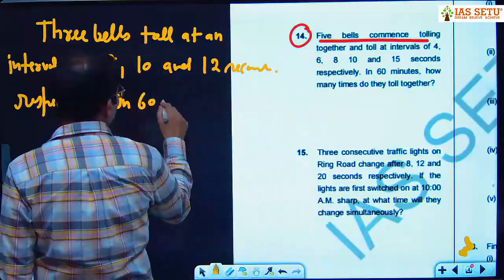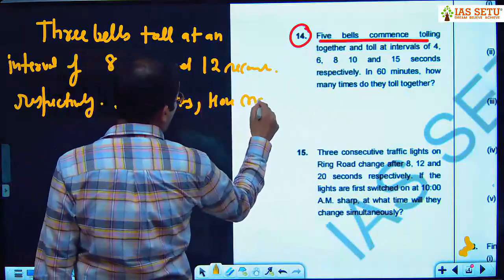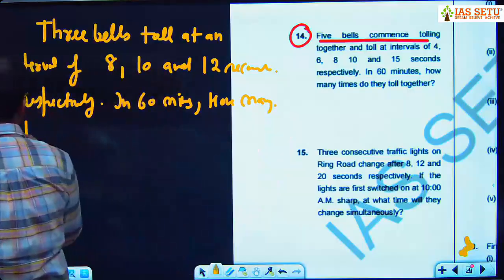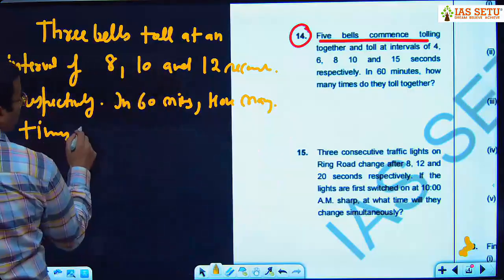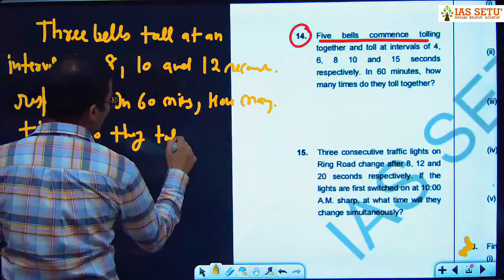In 60 minutes, how many times do they toll together?